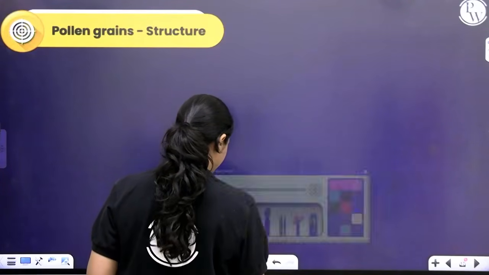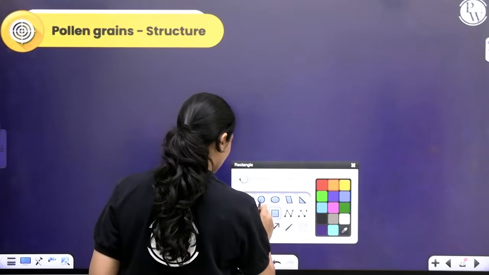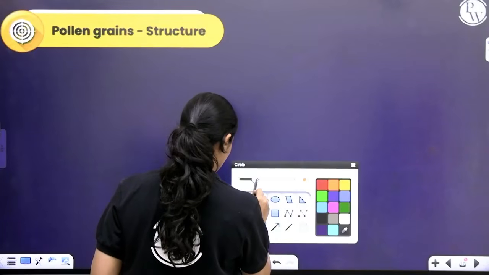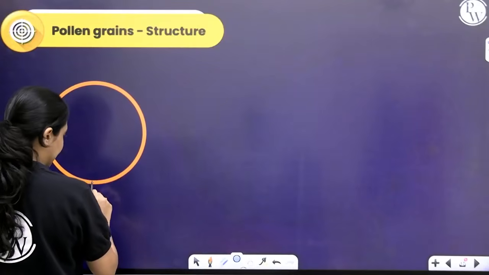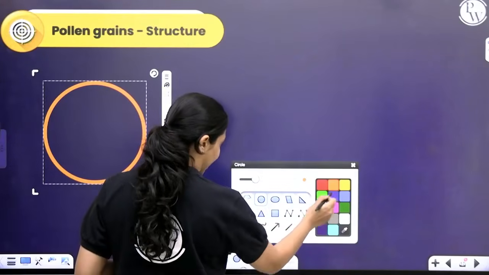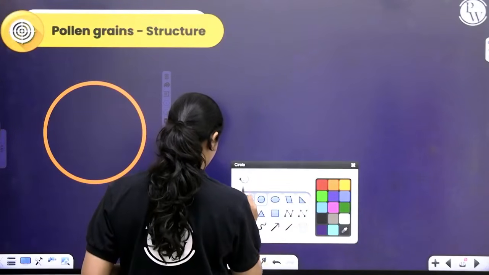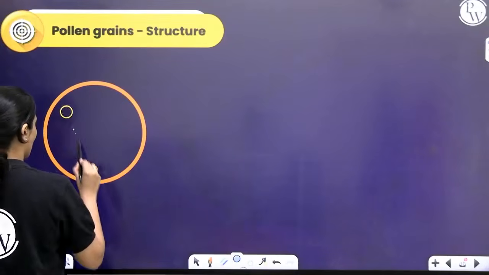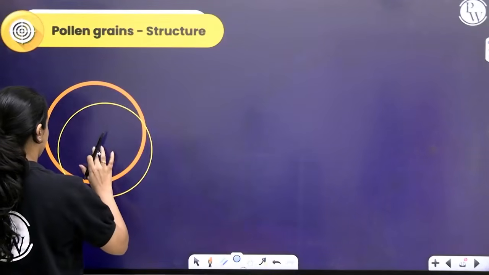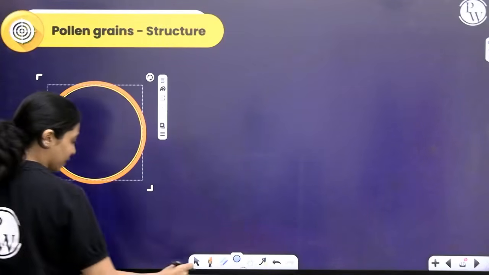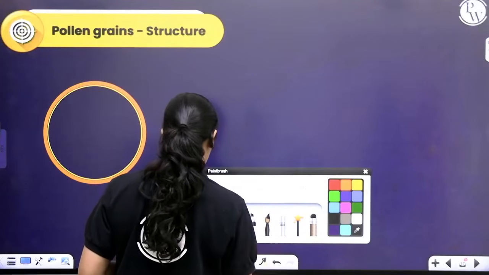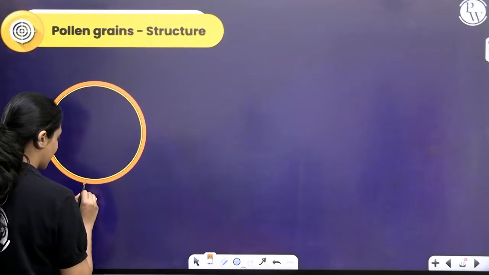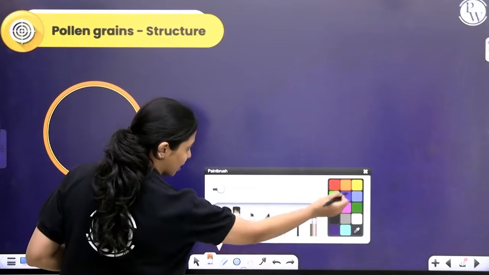An outer layer which is called the exine, and an inner layer which is called the intine. There is an outer exine and inner intine. What I've represented in orange is the exine.